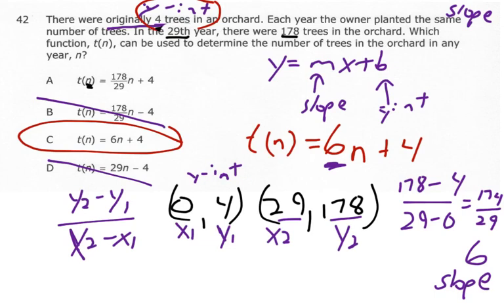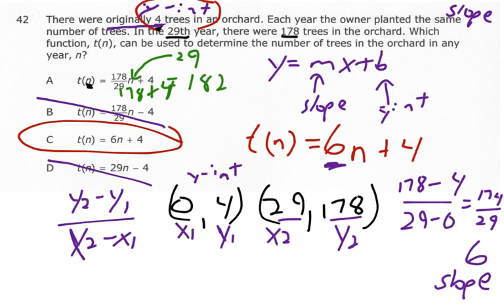Alright, so it definitely works. And just to let you know, I can plug in to prove it, and I'm going to prove why A doesn't work. If I plugged in a 29 for n, and did 178 divided by 29 times 29 plus 4, I would get 178 plus 4, which is 182.